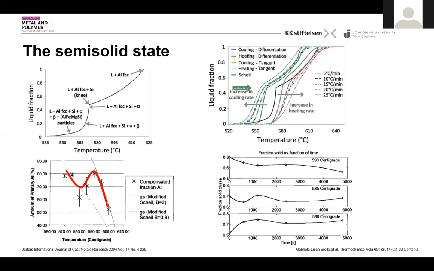A few years back, we did a work where we looked at what fractions you get on heating. And it's actually so that you get an S-shaped curve if you heat and then quench at certain temperatures. And this depends on what type of segregation pattern you have.